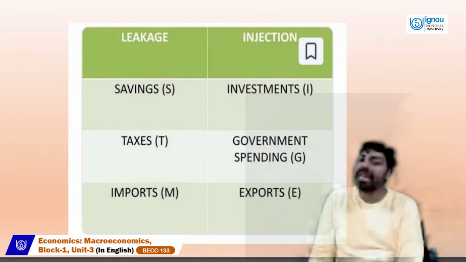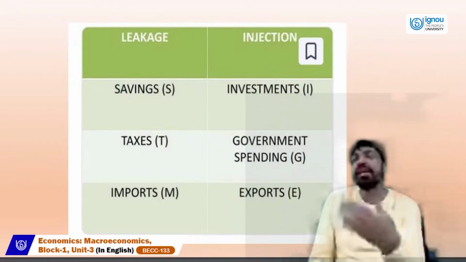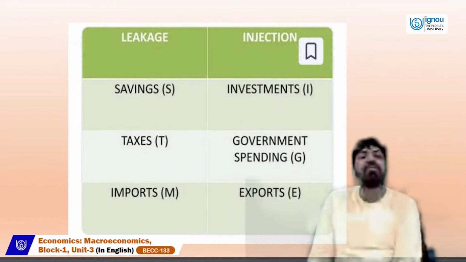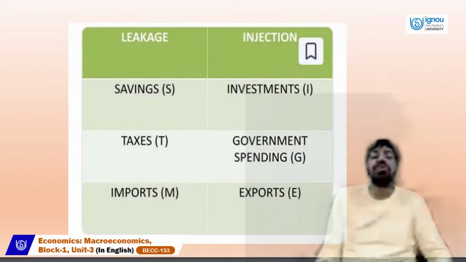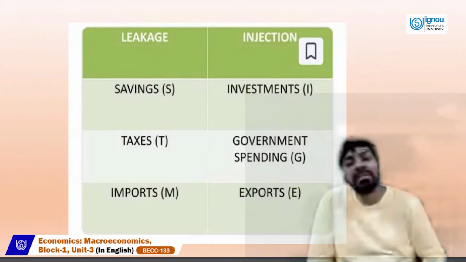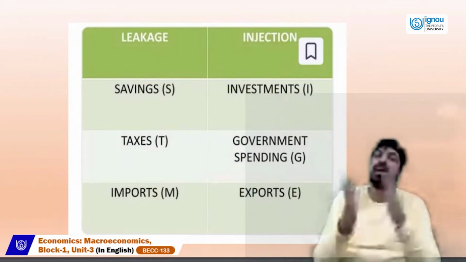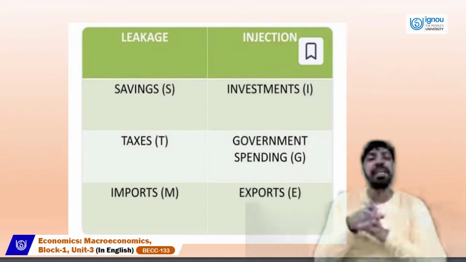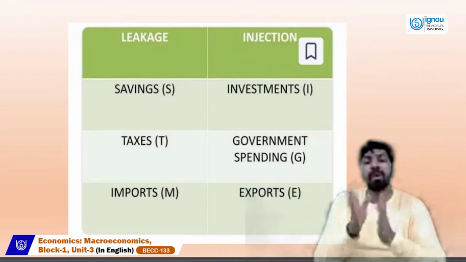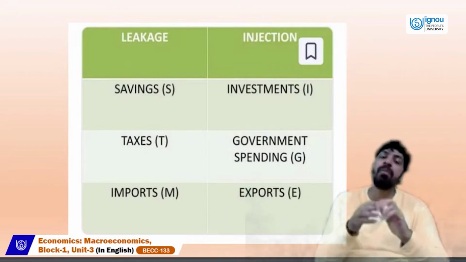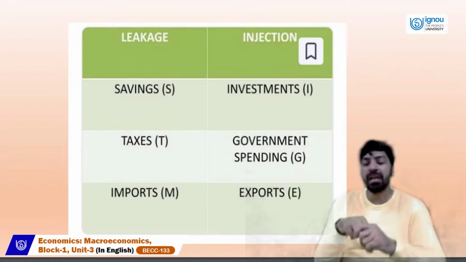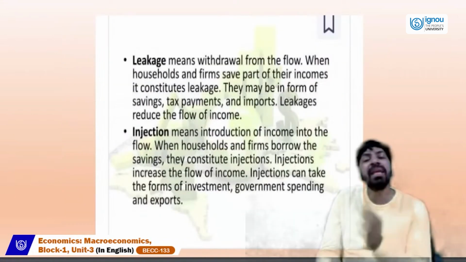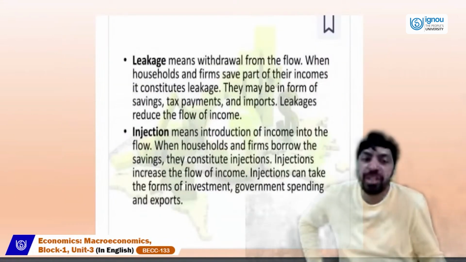So leakage is equal, symbolically, to savings plus taxes plus imports. But injections are investment plus government spending plus exports. So this is the difference between leakage and injection symbolically, and the formula used to find out the leakage and injections in the circular flow of income. This is the exact meaning of leakage and injection.